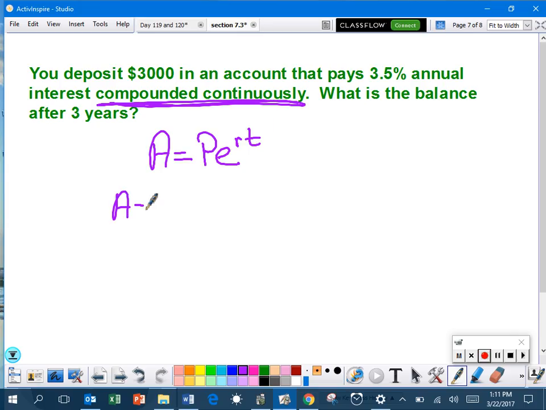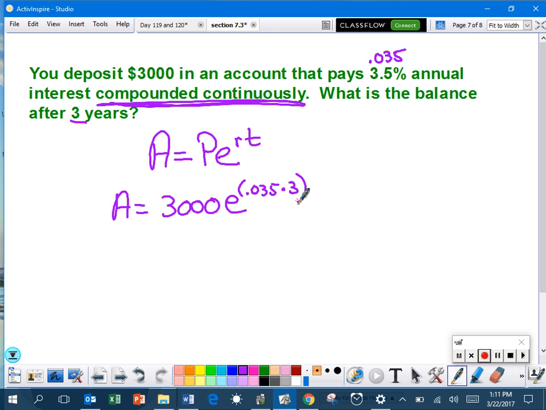So the amount equals, the principal is 3,000 times E. The rate, okay, remember we changed that to a decimal, 0.035. Okay, now I'm going to use parentheses here, 0.035 times T, well, T is 3 years, so I'm going to put times 3.